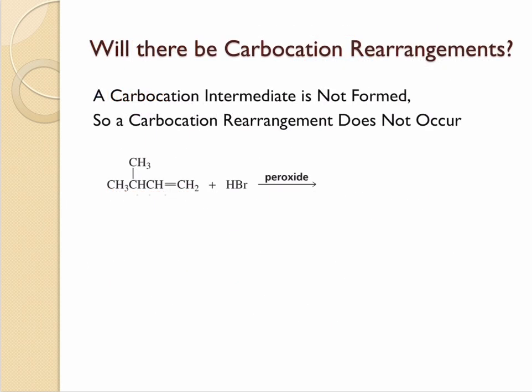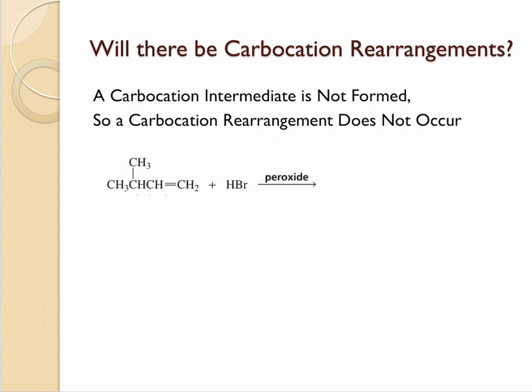Now here is a question. Will there be carbocation rearrangements happening in the radical addition of HBr to an alkene? The answer is no, right? Why? Because there is no carbocation intermediate. Because there is no carbocation intermediate, there is no possibility for carbocation rearrangement. If we want to write the product for this reaction, then we have to just keep the carbon skeleton as it is and write the product.